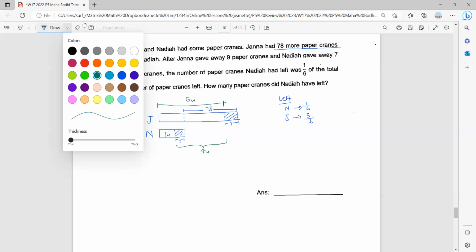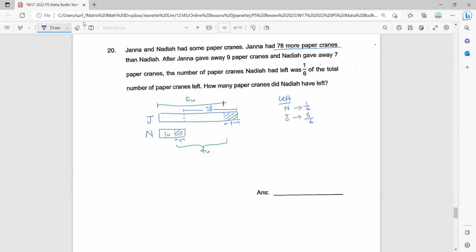So how do we find the 4 units? If you observe, look at the numbers here. So I take 7 plus 78. 7 plus 78 will give me this much, which is longer than 4 units. Then I need to minus 9.